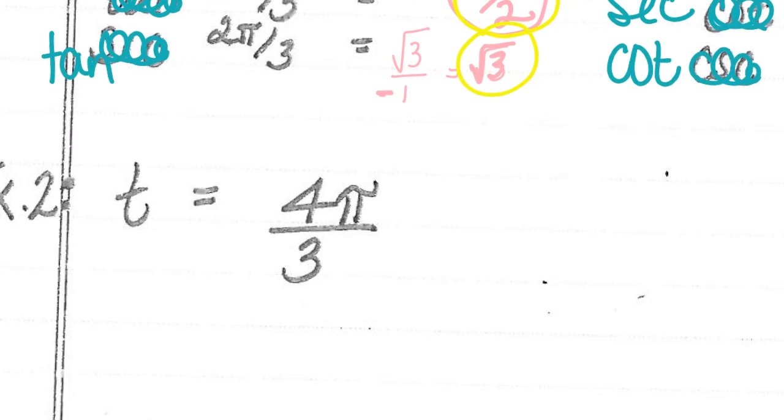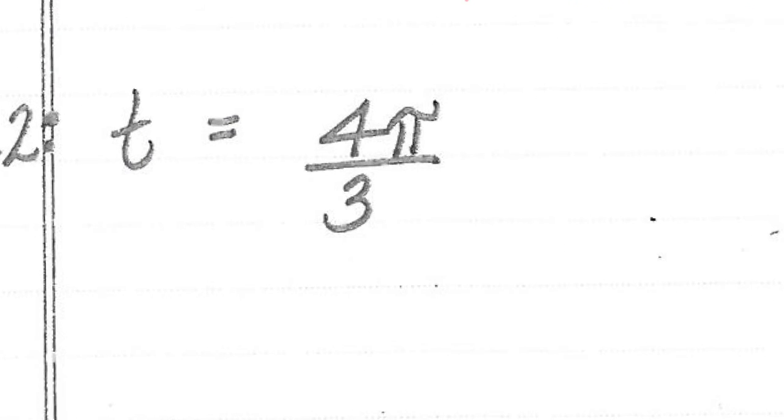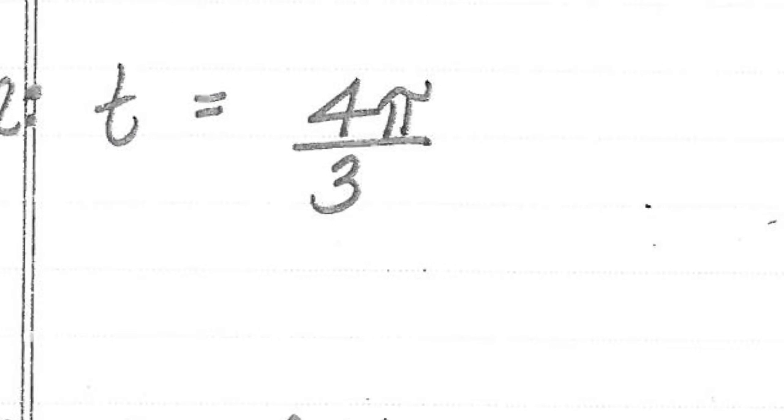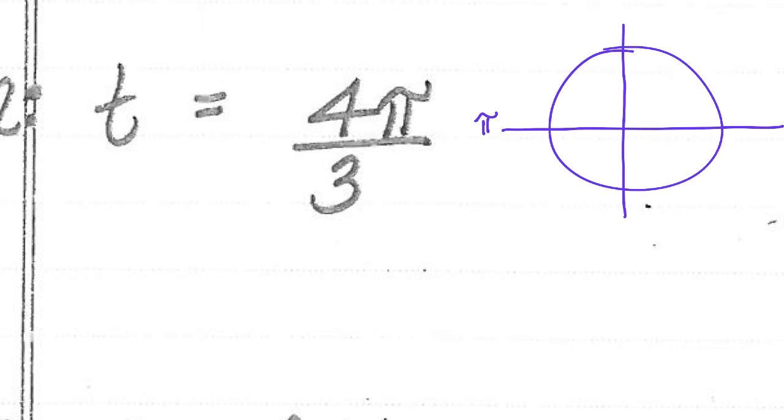Moving on to 4 pi over 3. Where on the unit circle is 4 pi over 3? Well, we know it's going to be a little bit bigger than 1 whole pi, because this is pi. So we have to figure out where that is.